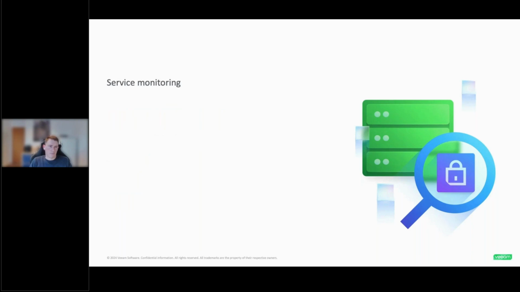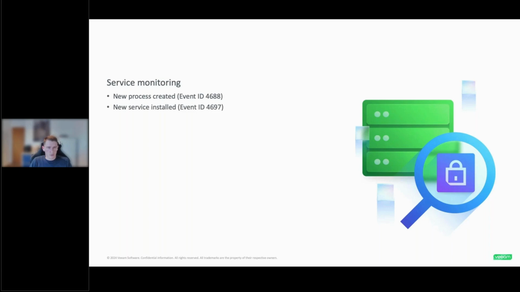Next thing, service monitoring. You should think about monitoring process creation, because in a productive Veeam environment there are no processes, as far as I know, that are created automatically. So make sure you get an alert when a new process is created that can be unwanted.